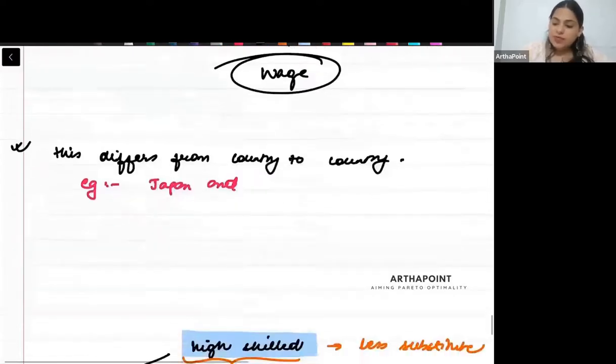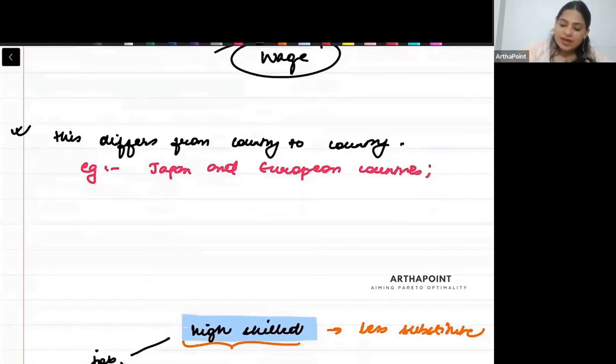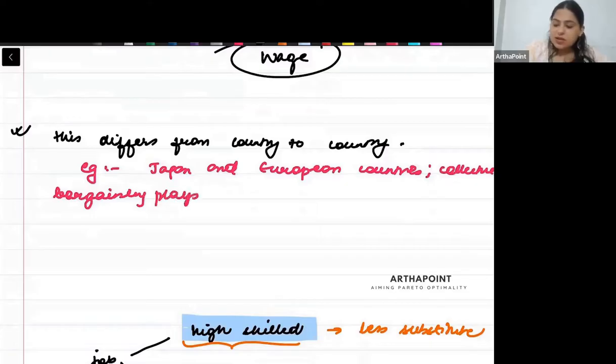That in Japan and in European countries, collective bargaining plays an important role. Right?